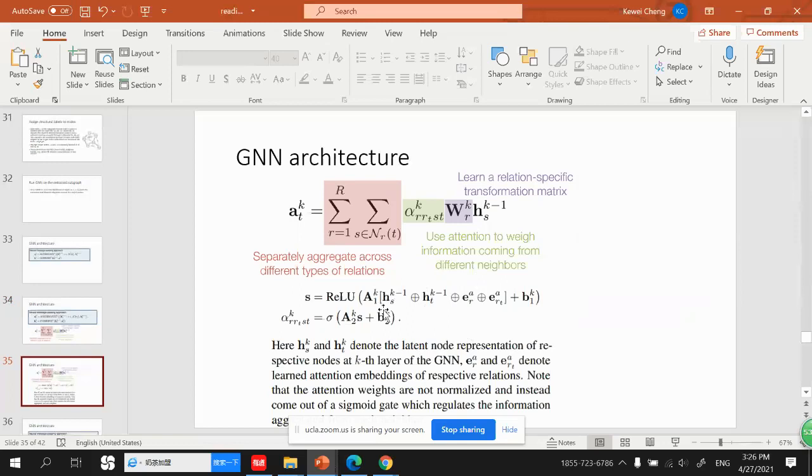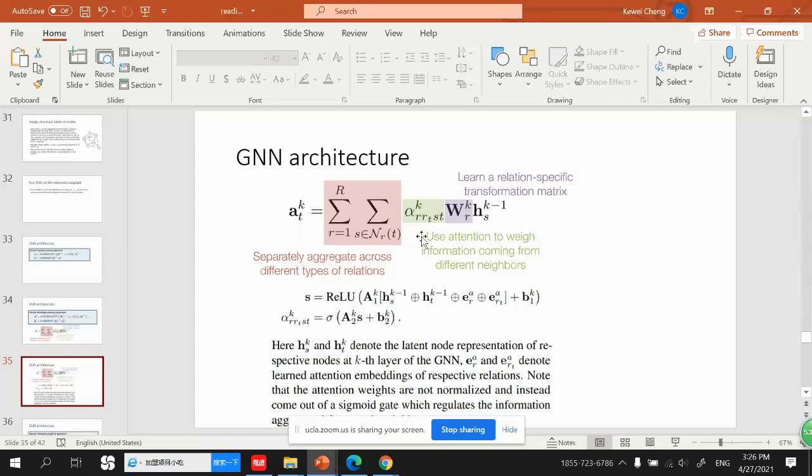And in this scenario, what we're trying to predict is the target relation of X and Y, which is RT here.